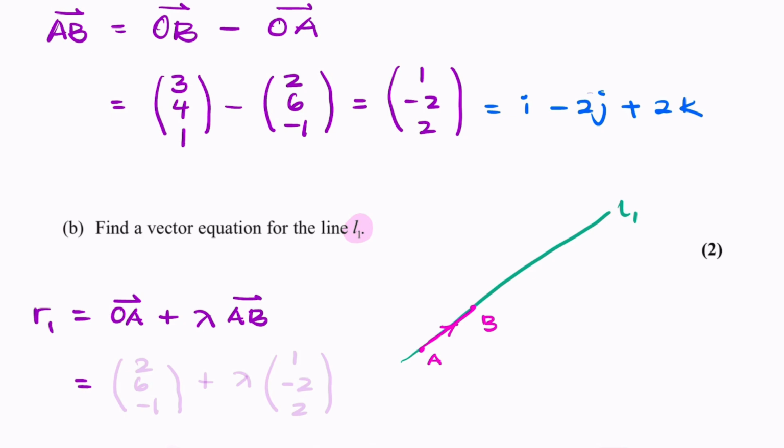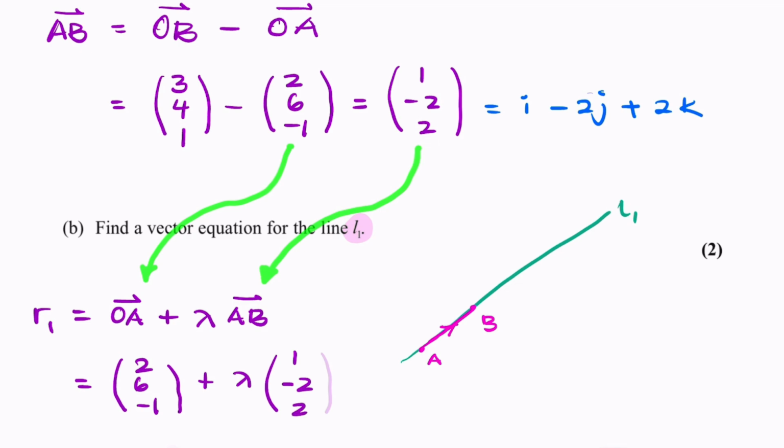So your vector would end up looking like 2, 6, minus 1 plus lambda into the vector AB that we just found, 1, minus 2, 2.